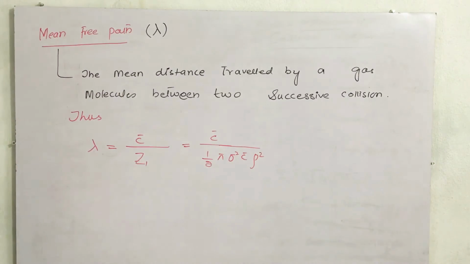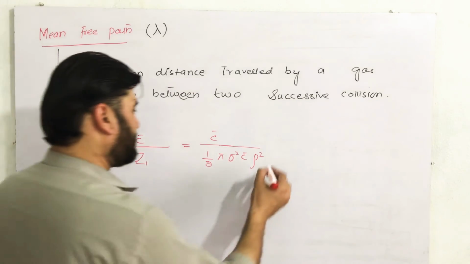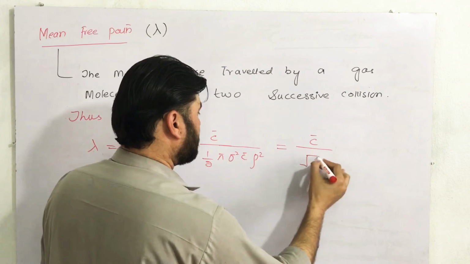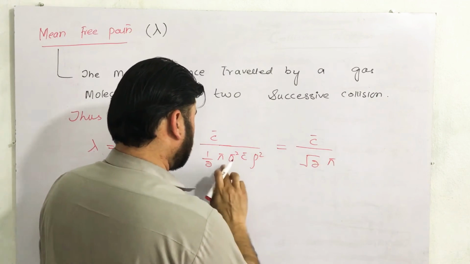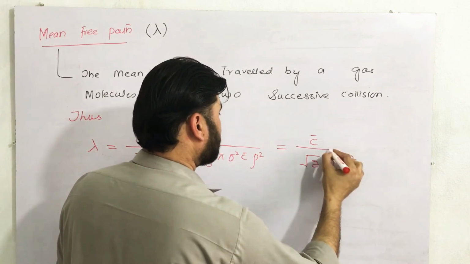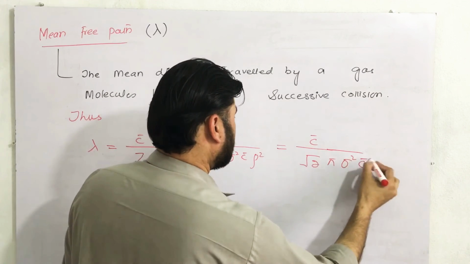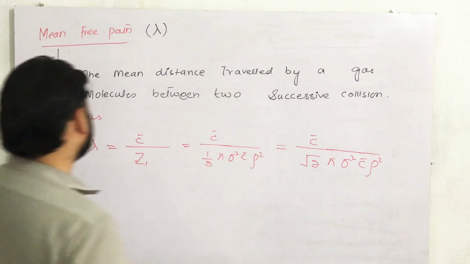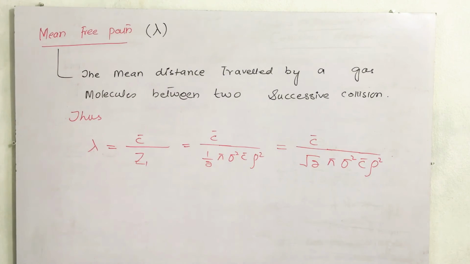This is also the simplest one, and again we can write it in a simple way. We can represent it as square root of 2 pi sigma square c bar and rho square. This is the mean free path equation.